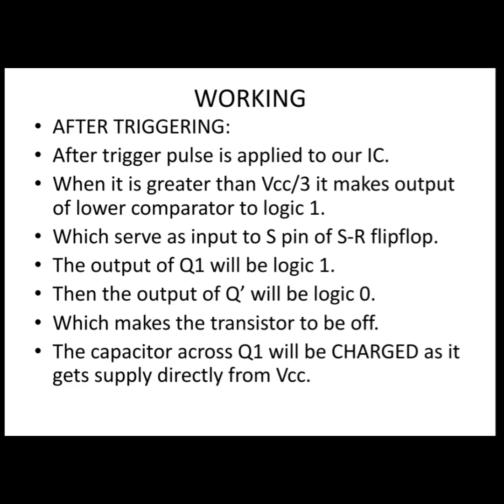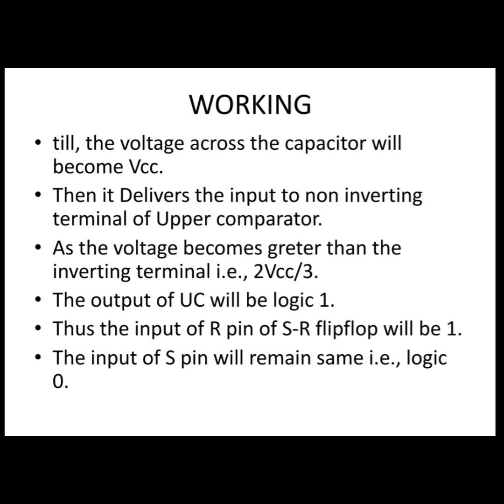The output Q will be logic 1, the output Q dash will be logic 0, which makes the transistor turn off, because the transistor base terminal is connected to Q dash. The capacitor across Q1 will be charged, as it gets applied directly from VCC, till the voltage across the capacitor becomes VCC.